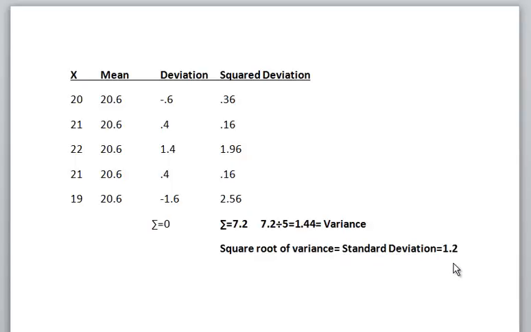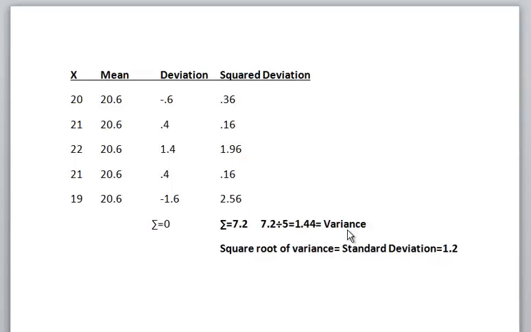The issues that we have to keep in mind are that while standard deviations are in the same units as our scores, mathematically and statistically we can't break down the standard deviation in order to explain why everybody didn't score exactly at the mean. The variance does allow us to do that.